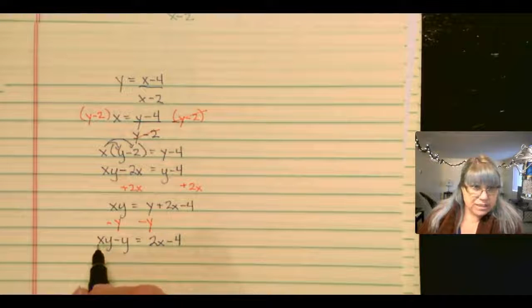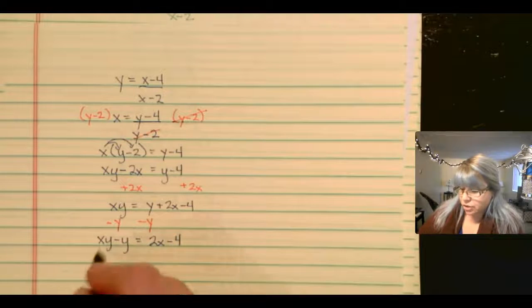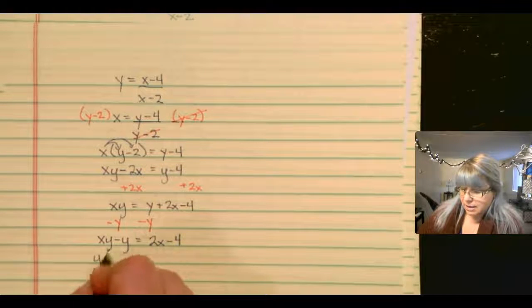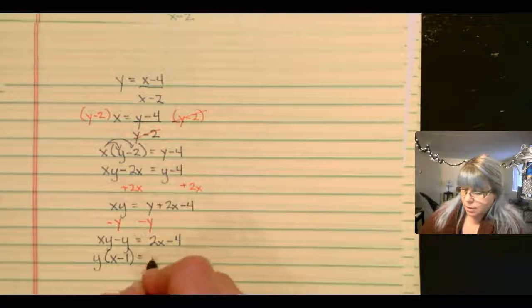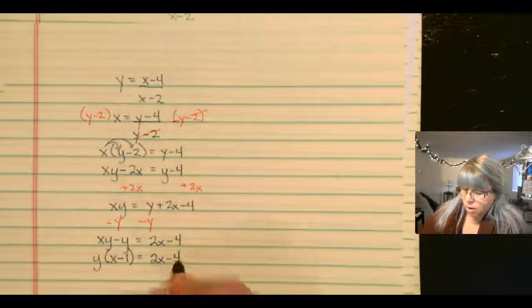I can't get rid of this x yet, but I can factor a y. I can factor this left-hand side, so I have y times (x minus 1) equals 2x minus 4.